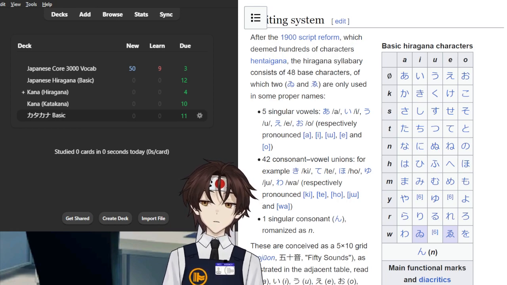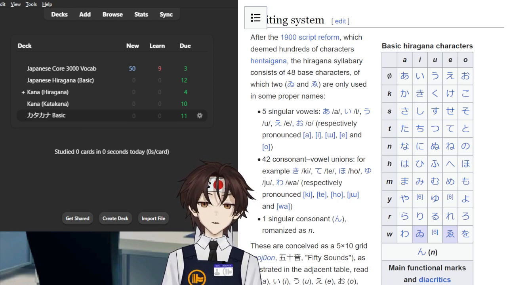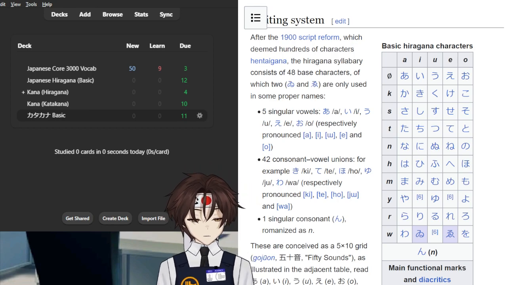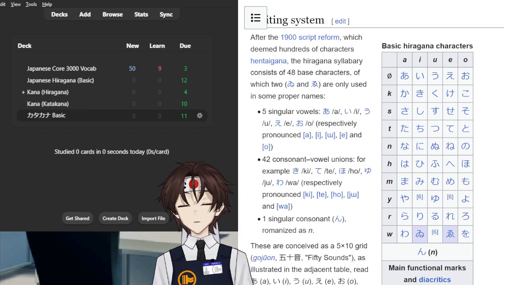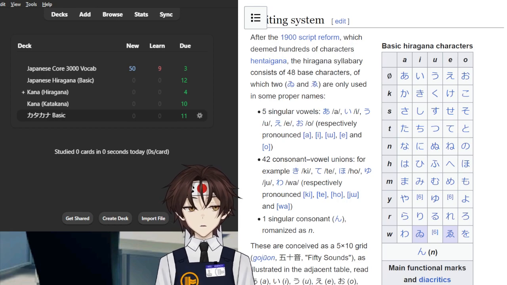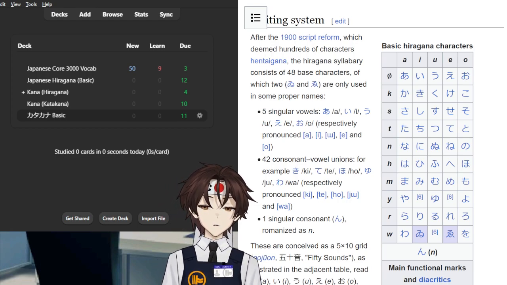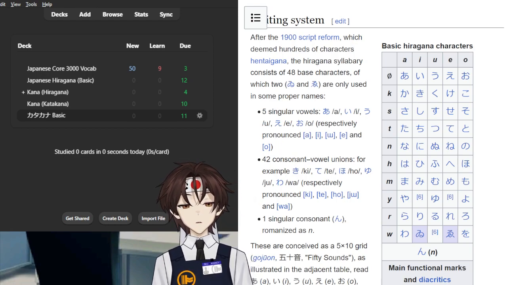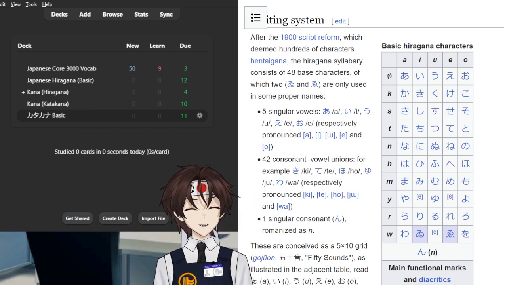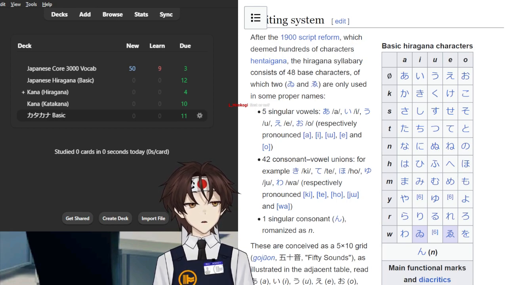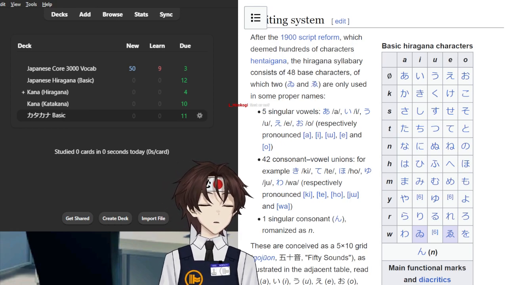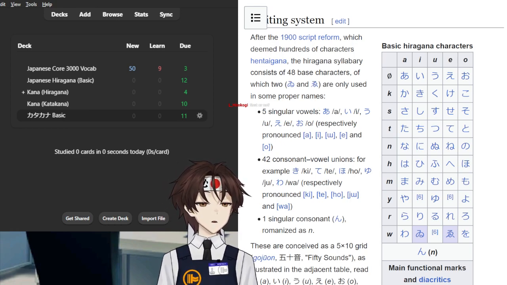Because you lose interest real fast when you're attempting to learn a skill, especially if it's something not necessarily used a lot.